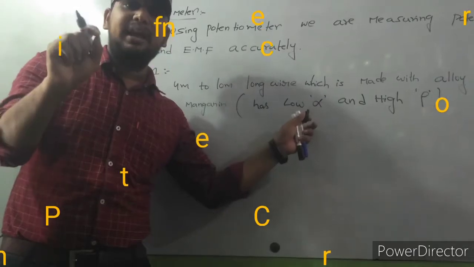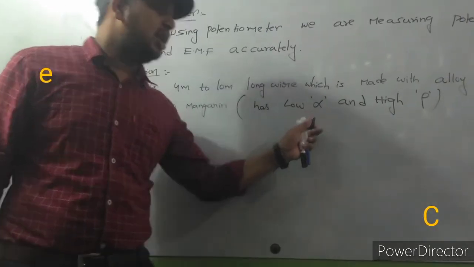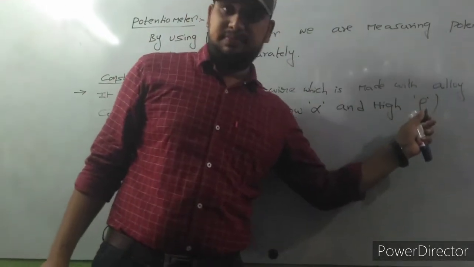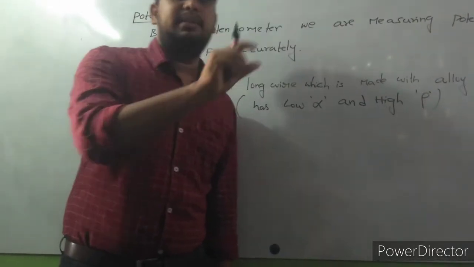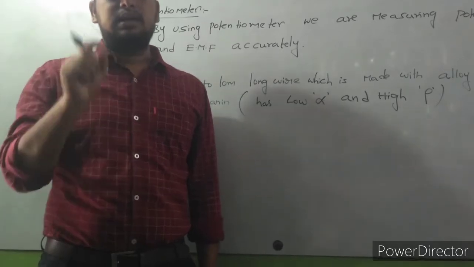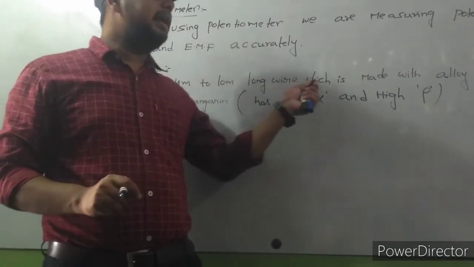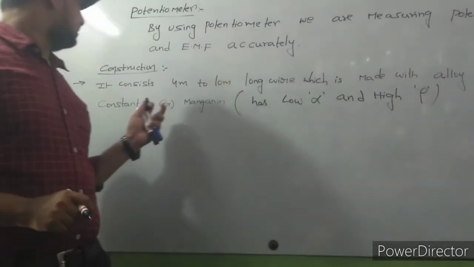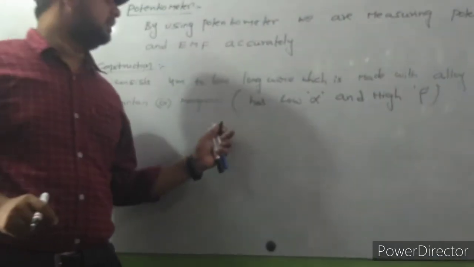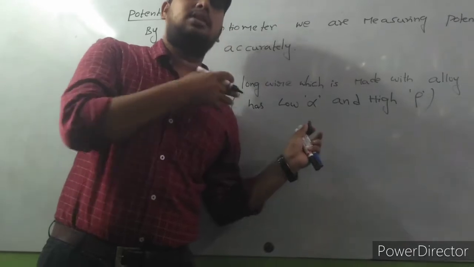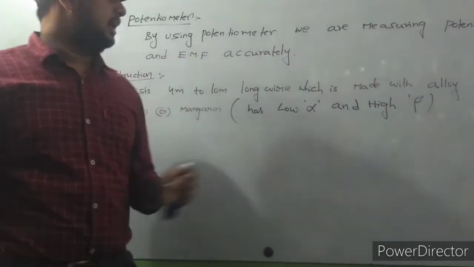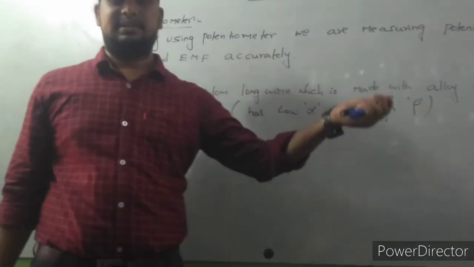Alpha means temperature coefficient of resistance. Rho means resistivity. So the wire is made with this alloy because it has low alpha and high resistivity.